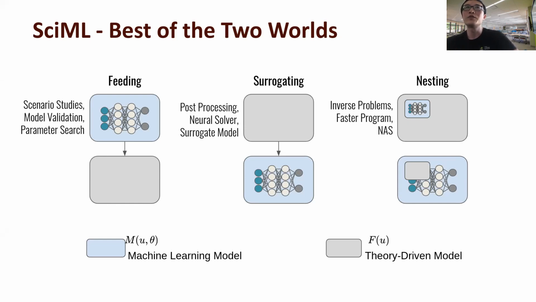So one solution is to build a neural network machine learning model to help you explore the parameter space by generating tons and tons of initial data for you to fit into your theory-driven model, and then you can better explore the parameter space.